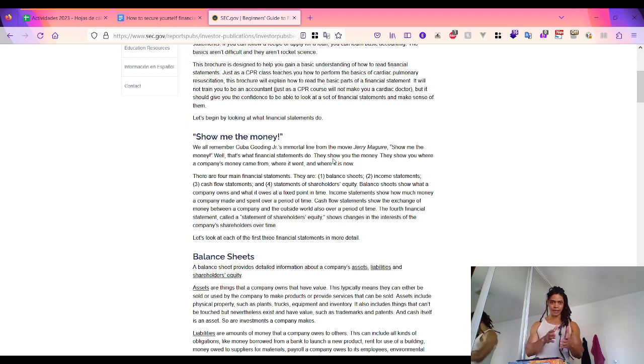The assets are generally listed based on how quickly they can be converted to cash. For example, you have current assets, which are things that a company expects to convert to cash within a year, like inventory, or non-current assets, which are things that a company does not expect to sell, or that will take longer than a year to convert into cash.